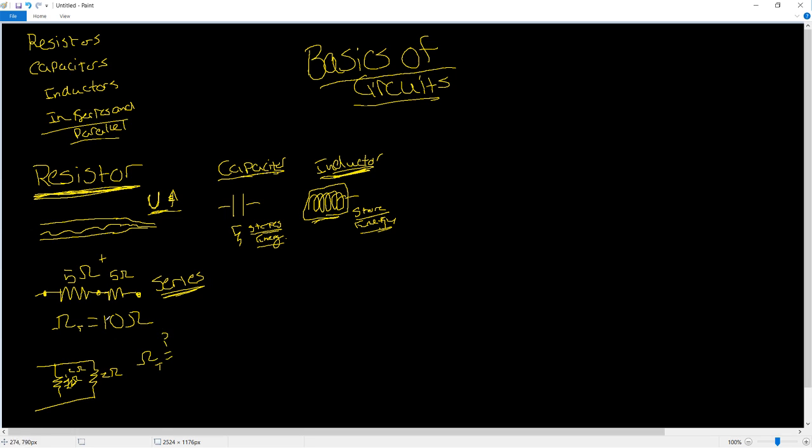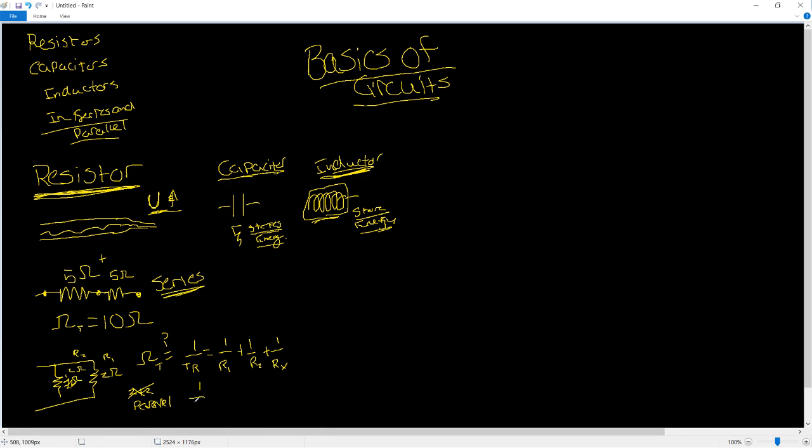Some people think, oh, okay, well it's just 4. But in this case, resistors don't add together in parallel. They add, but they add in a different way, where the formula is 1 over the total resistance equals 1 over R1 plus 1 over R2 plus 1 over Rx, however many R values there are. In this case, the R values for R1 and R2 are both 2.